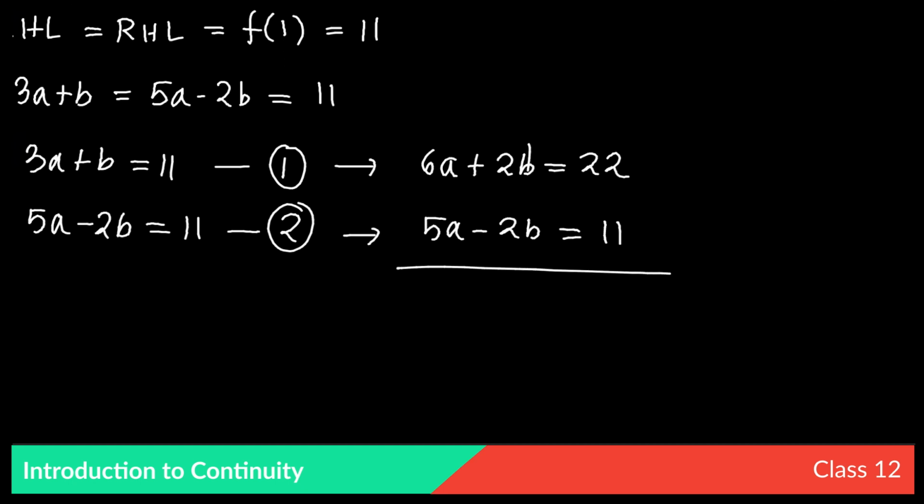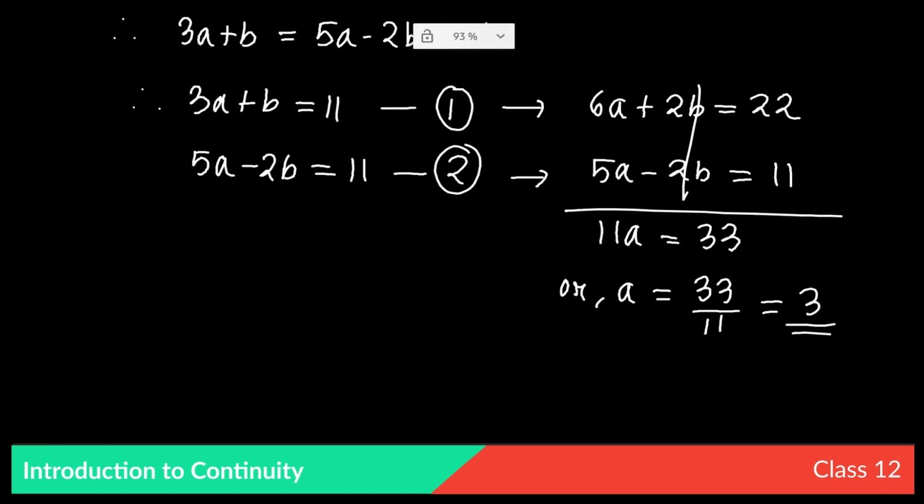Now we can see 2b cancels, so 6a plus 5a, that means 11a, is equal to 22 plus 11, that is 33. From this we get the value of a, that is 3.